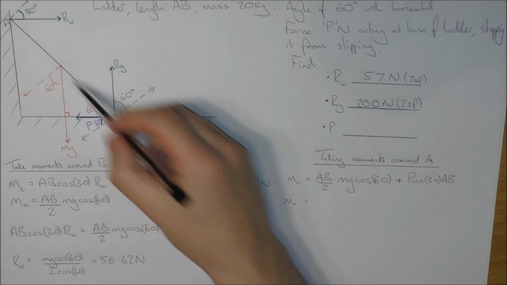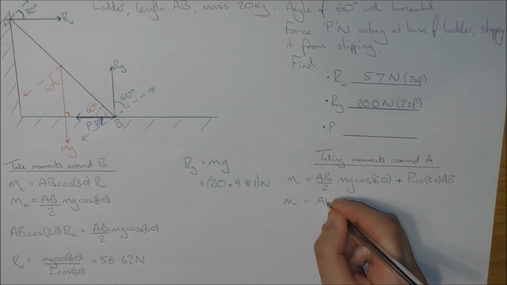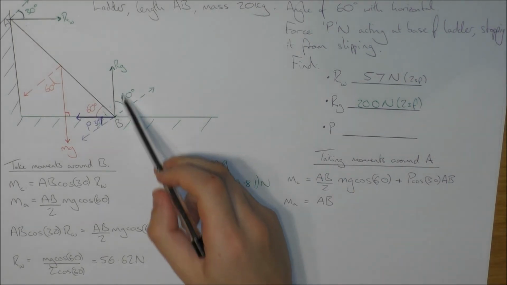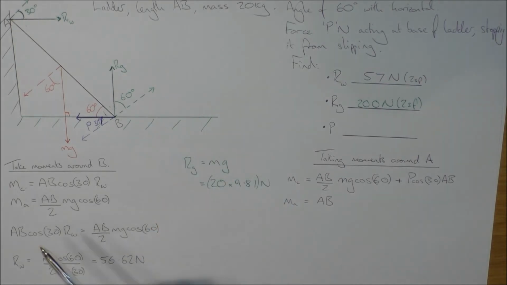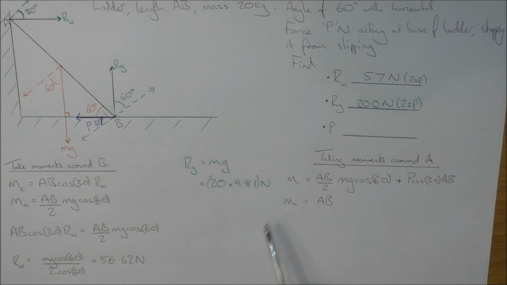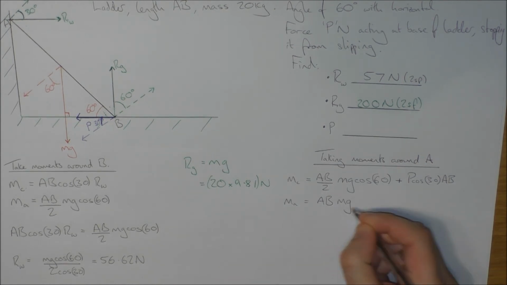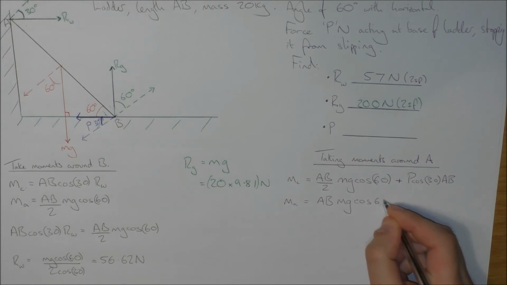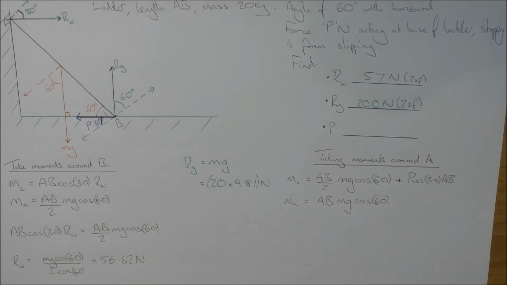And I know anti-clockwise moments are going to be AB, this is RG cos 60. However, I know that RG is equal to MG. So I'm just going to do MG cos 60 in there. I can make that straight away. I know that these two must be equal to each other.